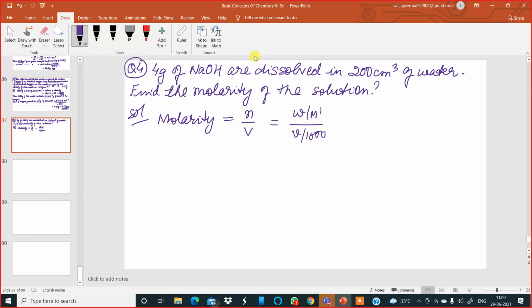Okay. So here, if I put the value for W, the mass of the solute sodium hydroxide is 4 grams. It is 4 divided by the molecular mass of sodium hydroxide, which becomes 23 plus 16 plus 1.